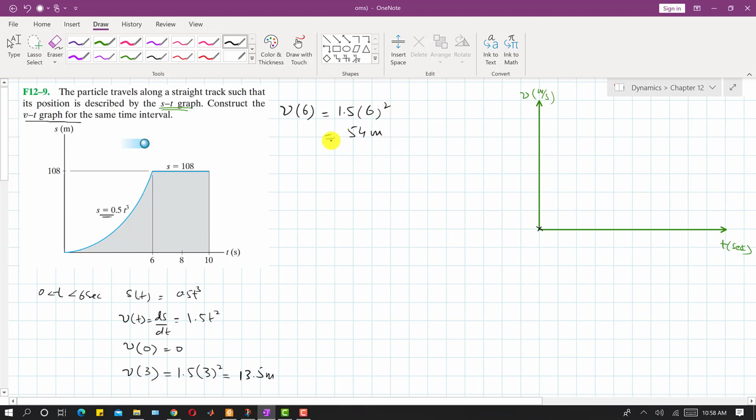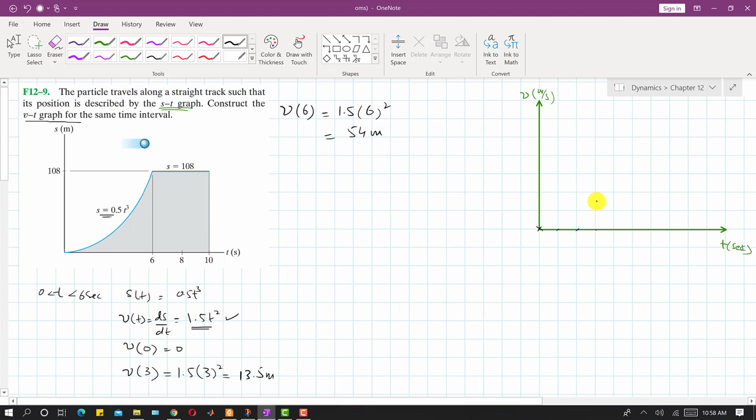As we can see, this is a parabolic curve, a second degree curve. At t equals 0, the velocity is 0. At t equals 3 seconds, let's say one box is 10 meters, so somewhere here is 13.5.